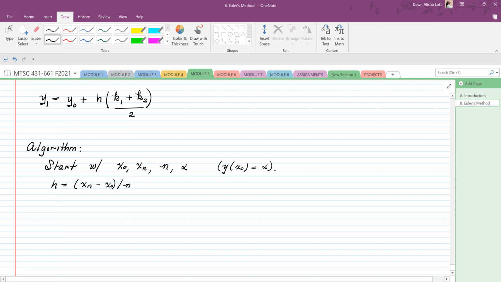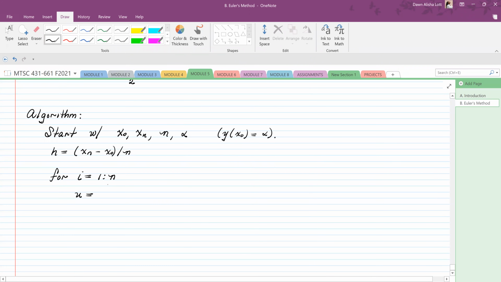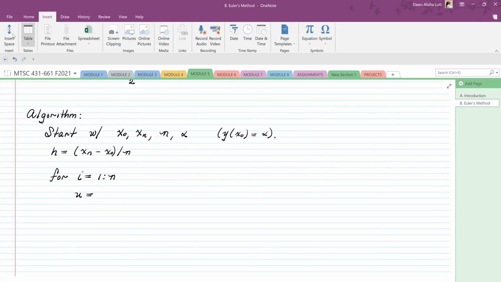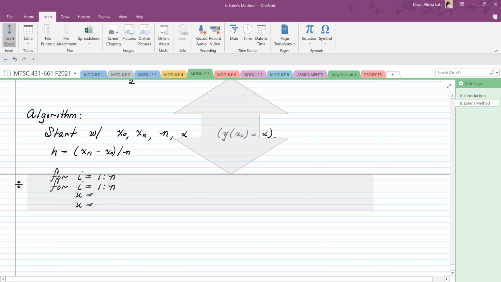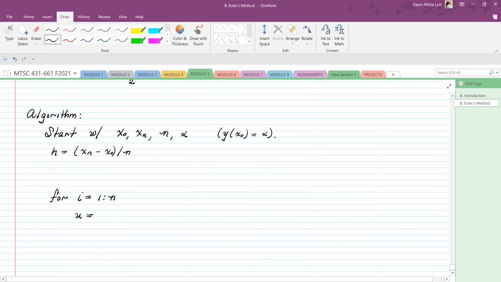And then we're going to, for i equal to 1 all the way up to n, let me add something. y is equal to alpha.